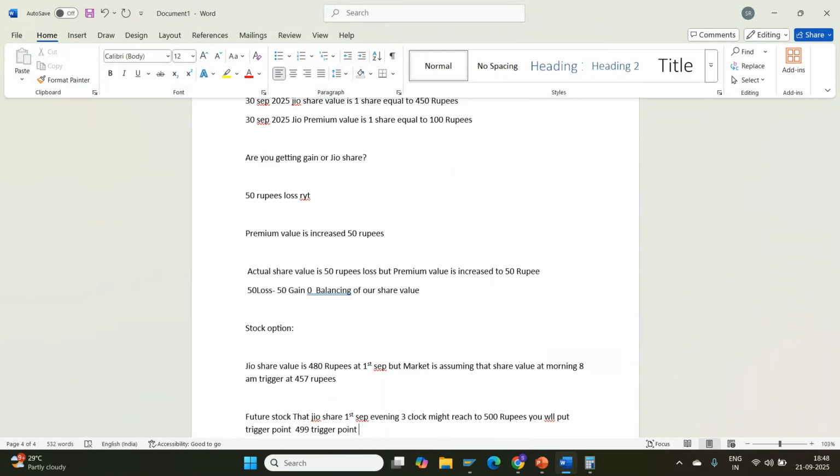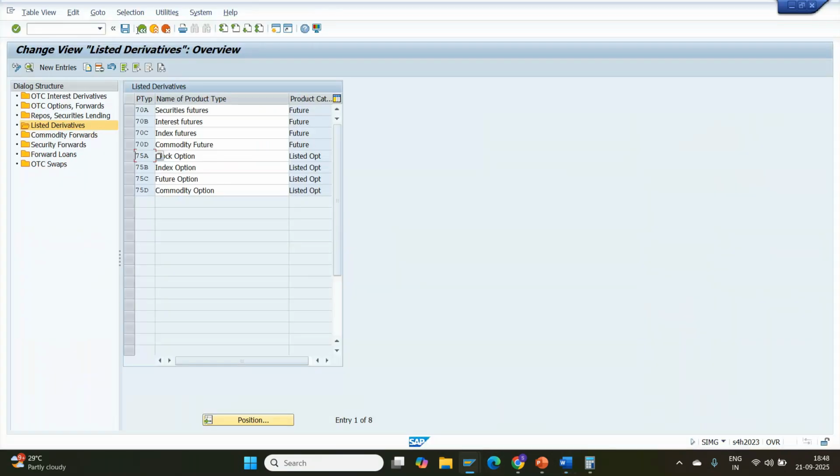Automatically, when it reaches 488, that share will be sold. That is the future option, stock options. This is totally an assumption. Do you have any doubt here on derivatives? No, okay. Next, the last chapter is trade finance.